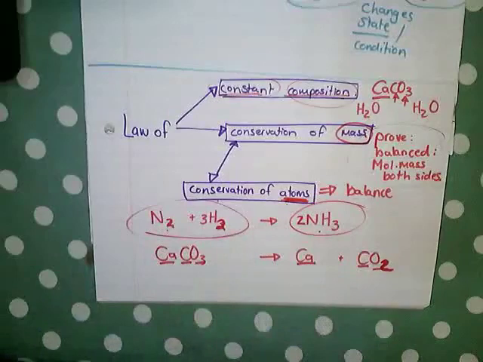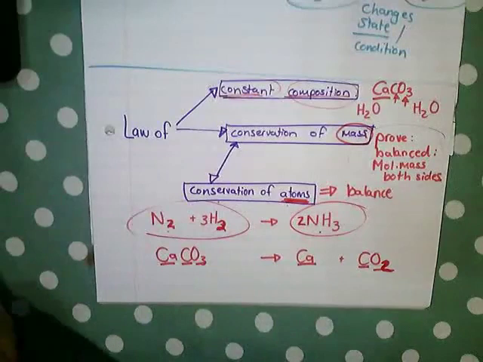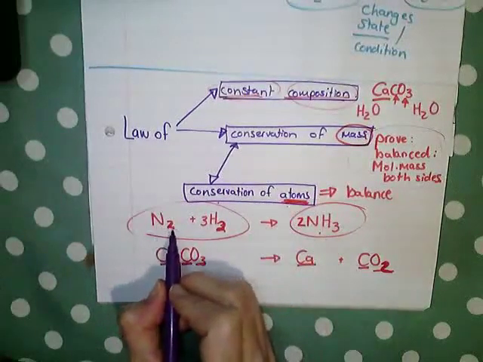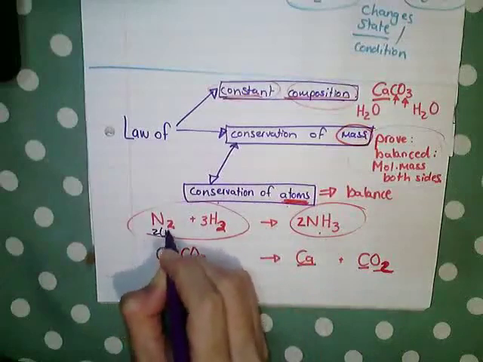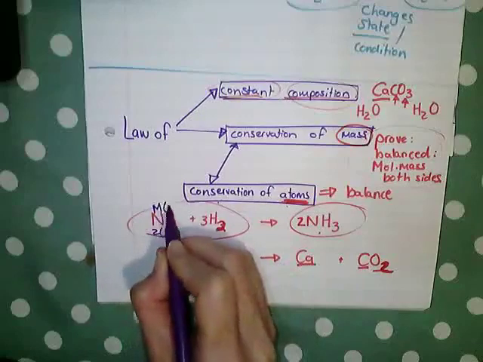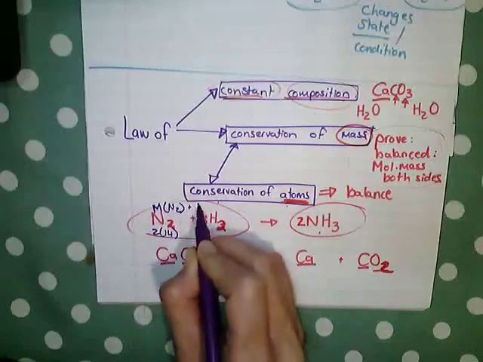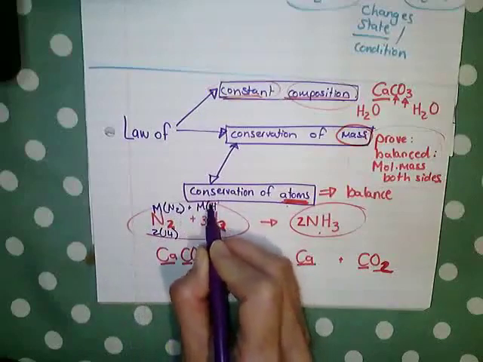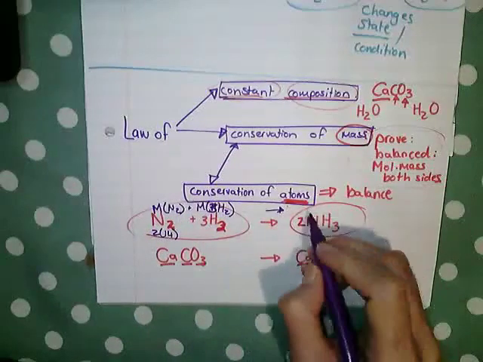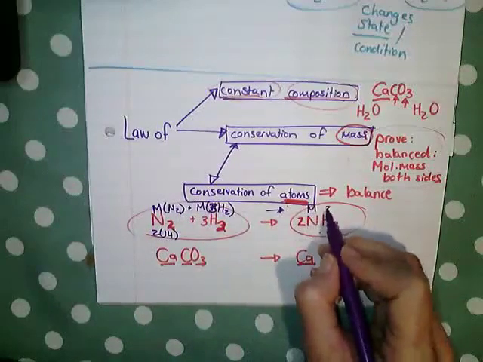Nitrogen has a molecular mass of 14, but there's 2 of them. So that's 2 times 14. And this is the molecular mass of nitrogen plus the molecular mass of 3 hydrogens, and on that side, the molecular mass of 2 times NH3.